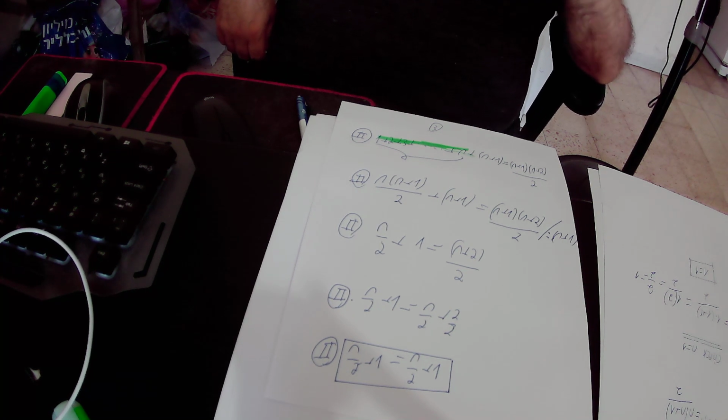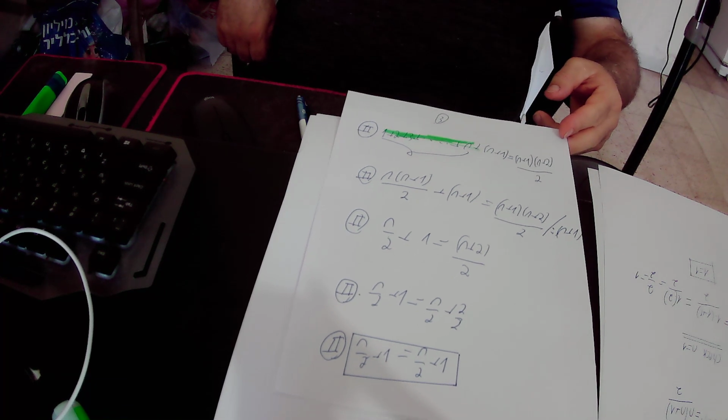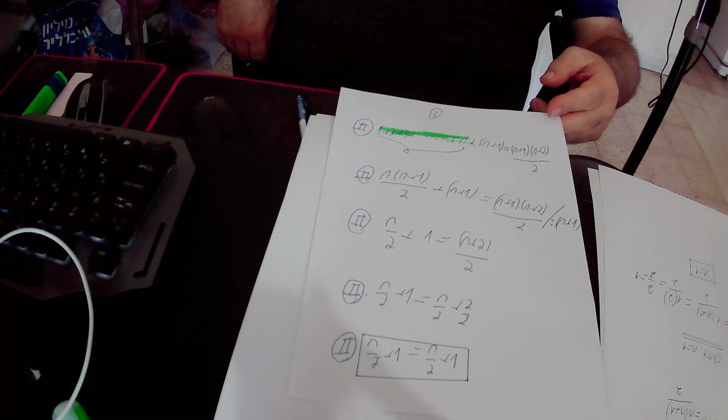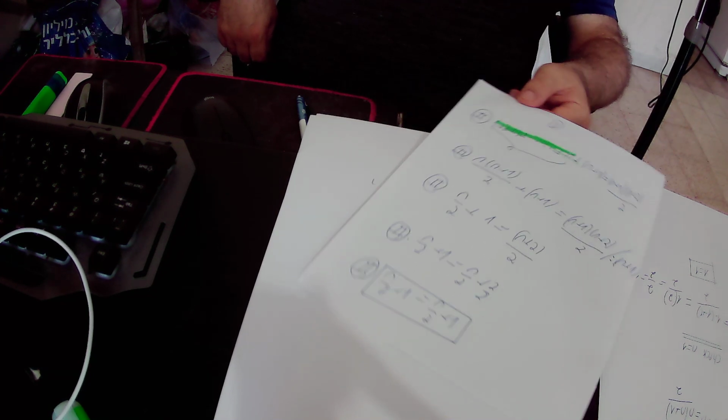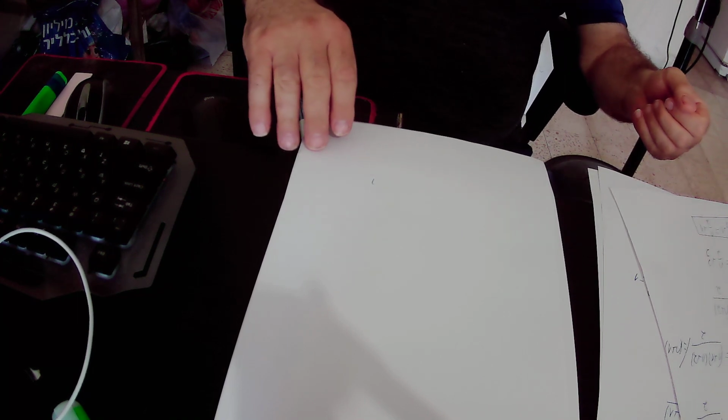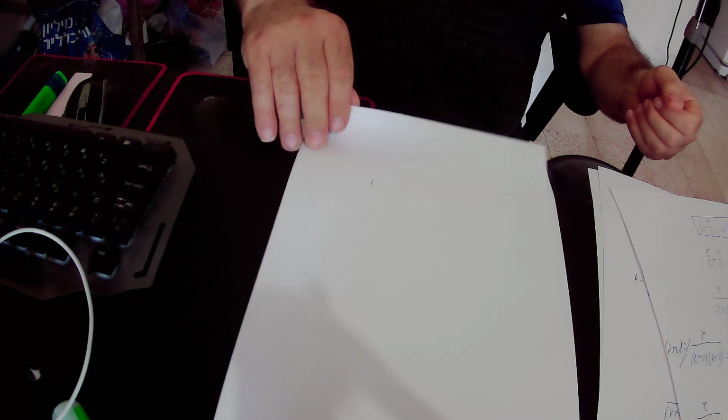And in this way we actually proved that the statement is true for all the natural numbers, as I have already explained to you previously. Okay, so we finished the second example, and now I will give you the next example.